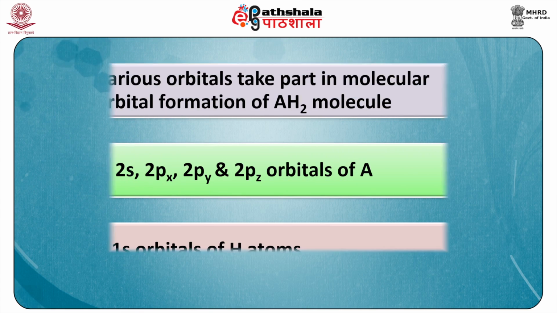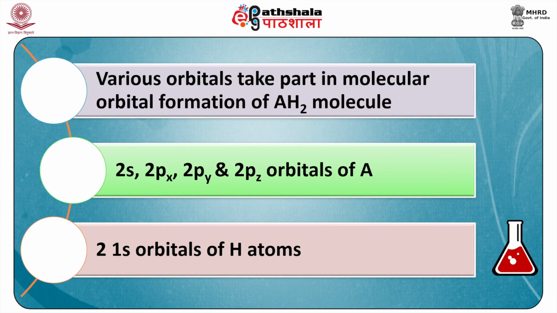of E1u symmetry. The various orbitals which take part in molecular orbital formation of AH2 molecules are the 2s, 2px, 2py and 2pz orbitals of A and the two 1s orbitals of hydrogen atoms.